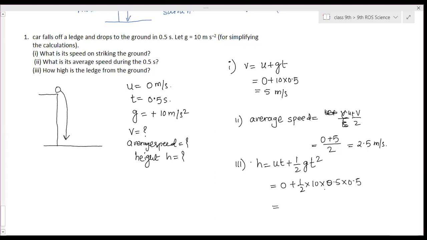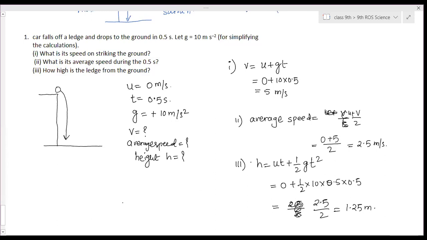So this is equal to 5, 5 into 0.5 is 2.5 by 2. 5 into 5 is 25, 2.5 by 2, h is equal to 1.25 meters.